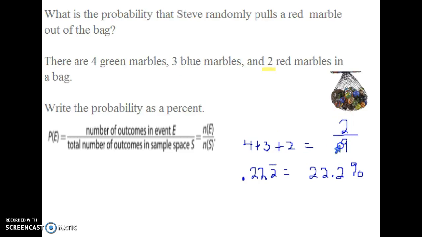So we have a 2/9 chance of pulling a red marble. They said as a percent, so 2 divided by 9 is going to give us a decimal. Multiply by 100 or move your decimal 2 places to the right will give you our percent. So 22.2% chance of pulling that red marble.